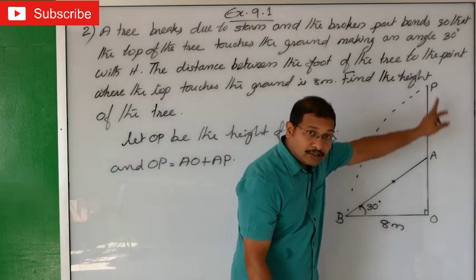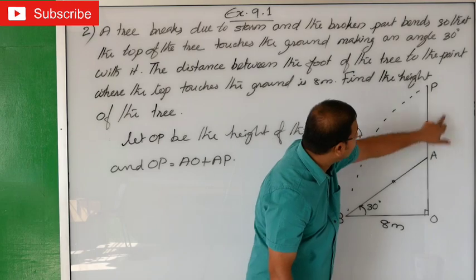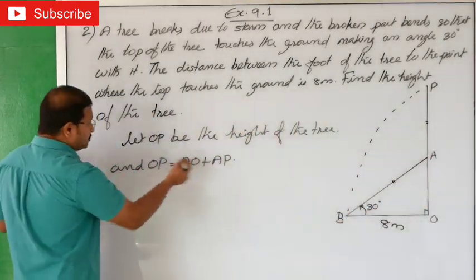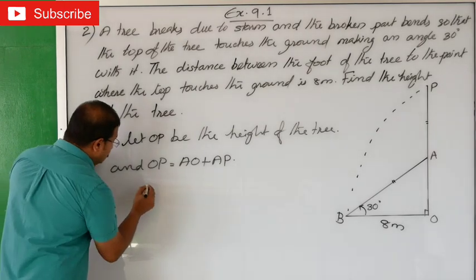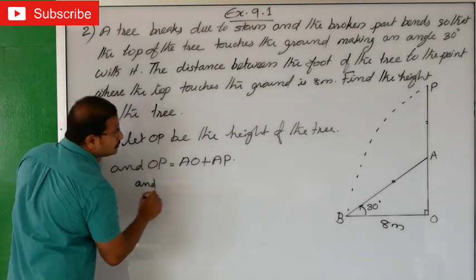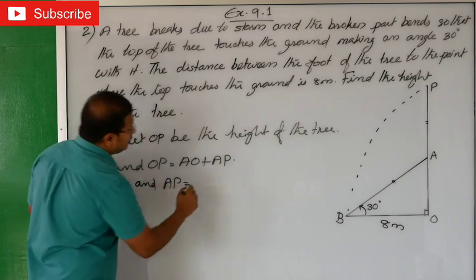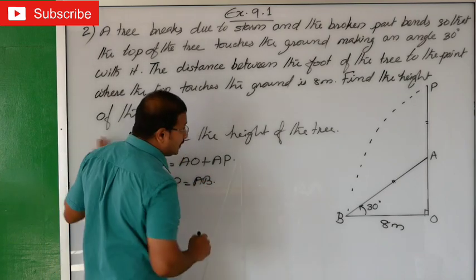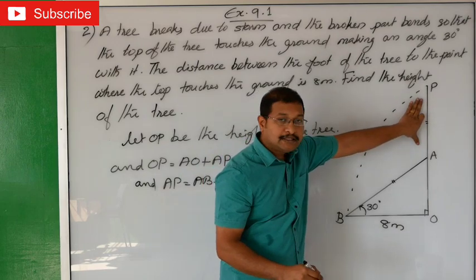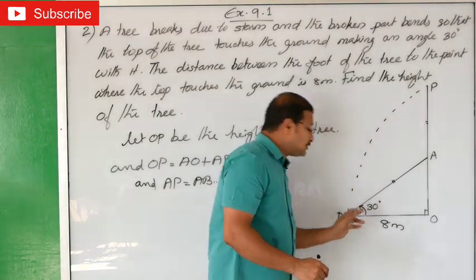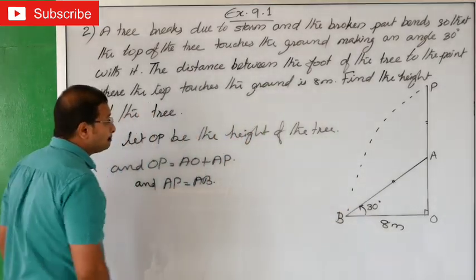This OP is the tree, and AO and AP are the parts of OP. That means this much you got. Now, one more thing, AP equals AB, because we can understand the same piece is broken, isn't it? This AP falls down to this side. Okay.